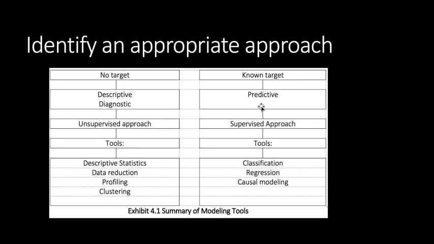For example, based on your blood work, they may think, okay, you have one type of disease. Now they need to compare your data with other people's, or compare all the symptoms with other people. So that's predictive, because they already have something in mind to suspect that you have something wrong.